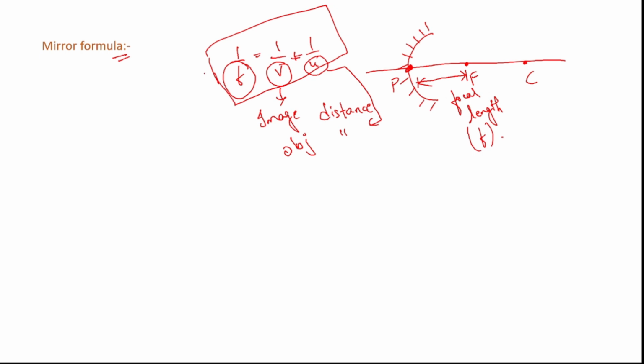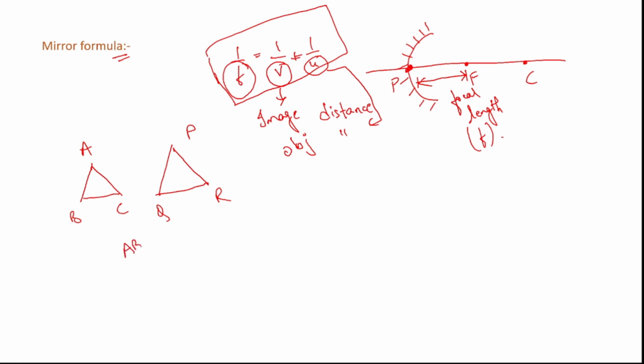So let us derive this formula. This mirror formula is basically dependent on similar triangles. Similar triangles are triangles where the corresponding sides are proportional. For example, this is a triangle ABC and this is one more triangle PQR. Both triangles have the same shape, right? So both triangles are similar triangles, and the corresponding sides of these triangles are proportional and the corresponding angles are equal.